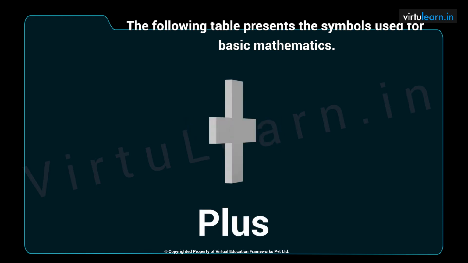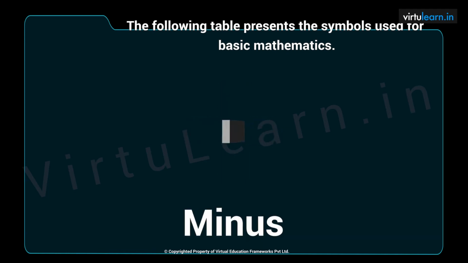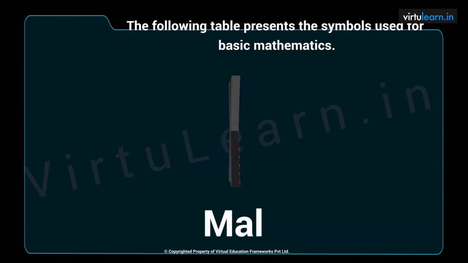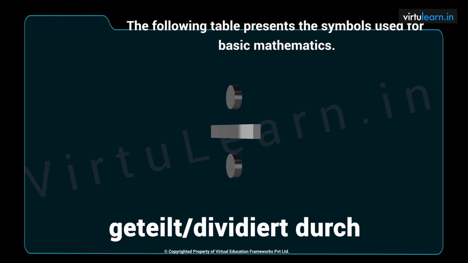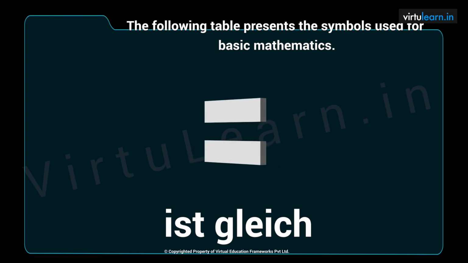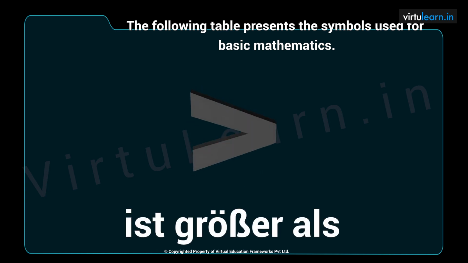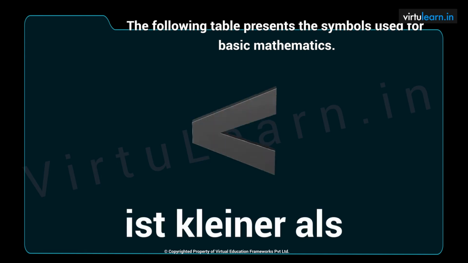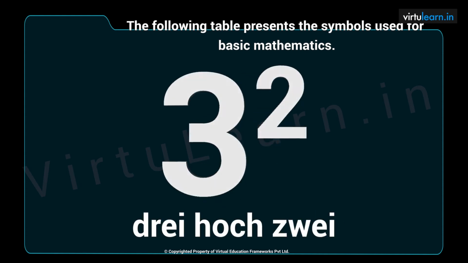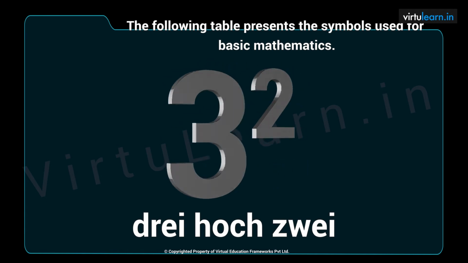Plus for addition, minus for subtraction, mal for multiplication, geteilt or dividiert durch for division, equal to, ist gleich, greater than, ist größer als, less than, ist kleiner als, 3 to the power of 2, 3 hoch 2.